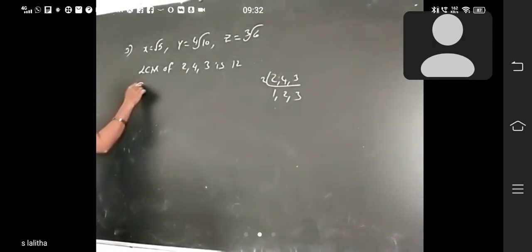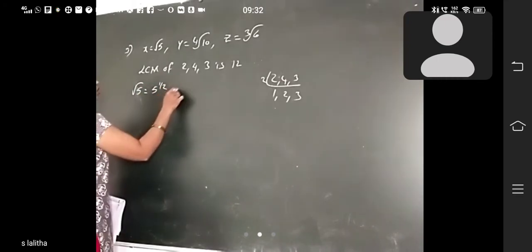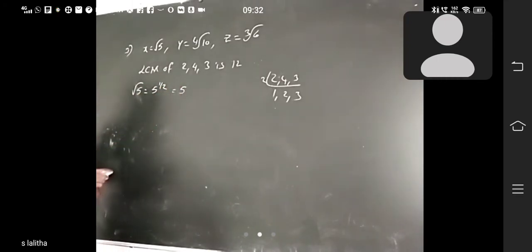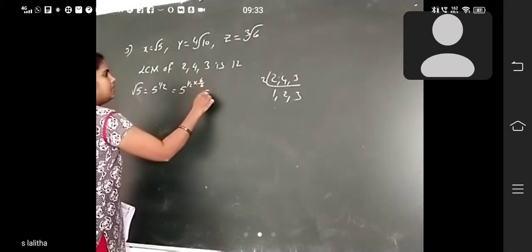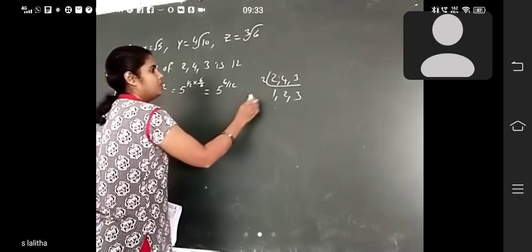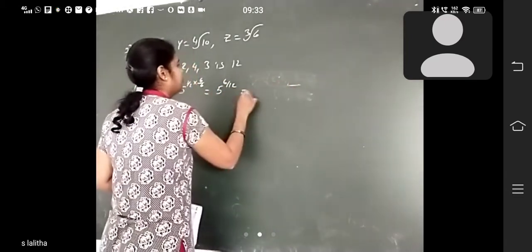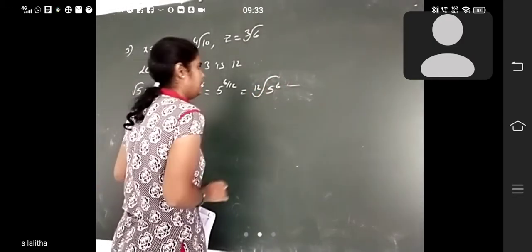So square root of 5, how can you write? 5 power 1 by 2. Here the denominator is 2. How many times 12? 6 times. So 6 by 6. So 5 power 6 by 12, which is 12th root of 5 power 6.